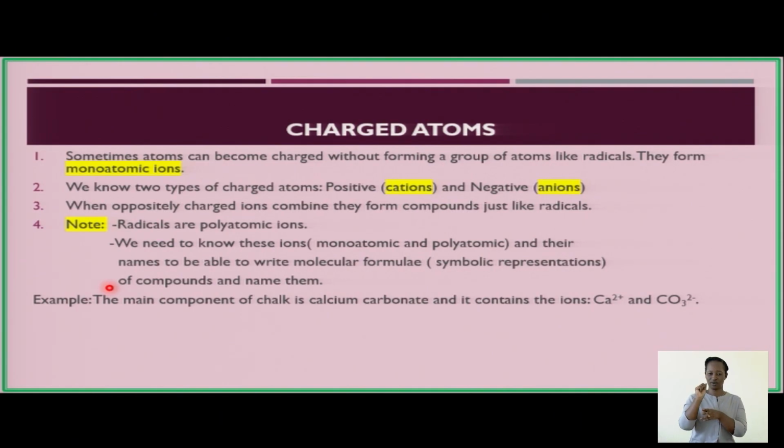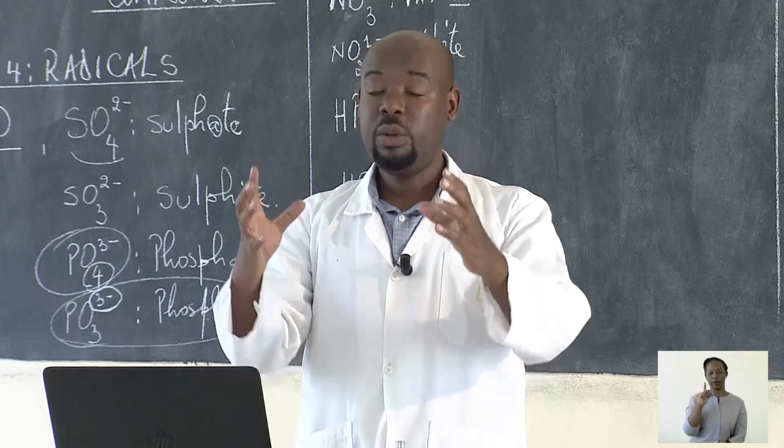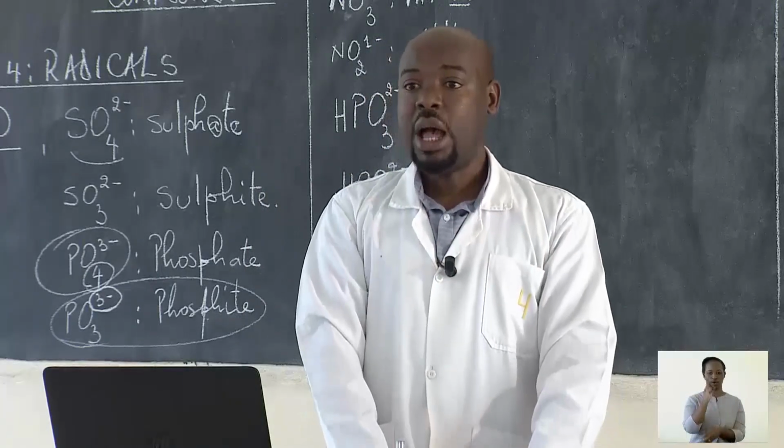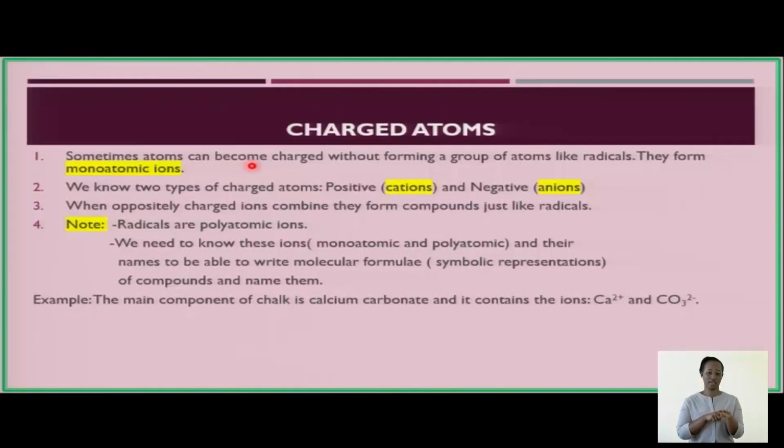So radicals too are ions. But in this case, we have two types of ions. Sometimes atoms can become charged without forming a group of atoms like radicals. Then they form monoatomic ions. We will see the examples. And we know two types of charged atoms. We know positive and negative particles, and the positive are called cations, and the negative are called anions.